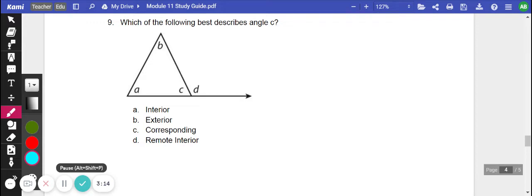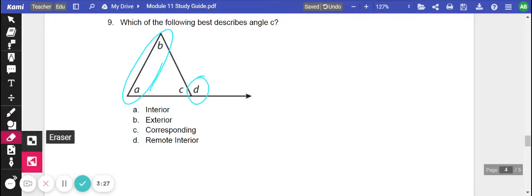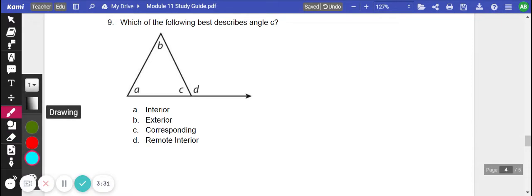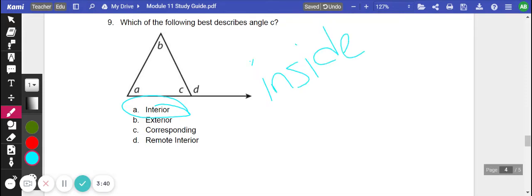Well, exterior would be angle D. Remote interior, because they are away from the D, would be A and B. We know it's not corresponding because it's not talking about corresponding with another one. So therefore, it would be A. It is an interior angle because it is inside the triangle. So remember that inside is the same thing as interior.